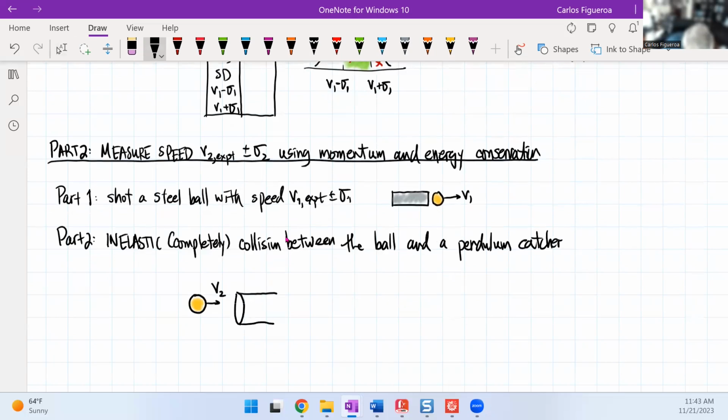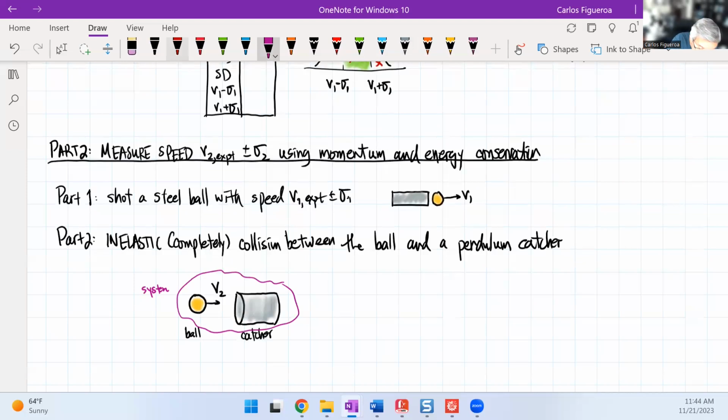At the moment, I'm only going to draw the catcher by itself like this. So clearly, here is the ball, and this guy is the catcher. When I look at this thing, I'm going to treat this as my system.